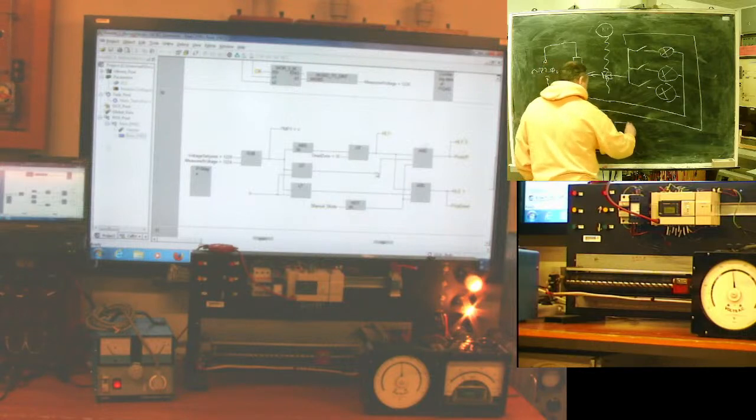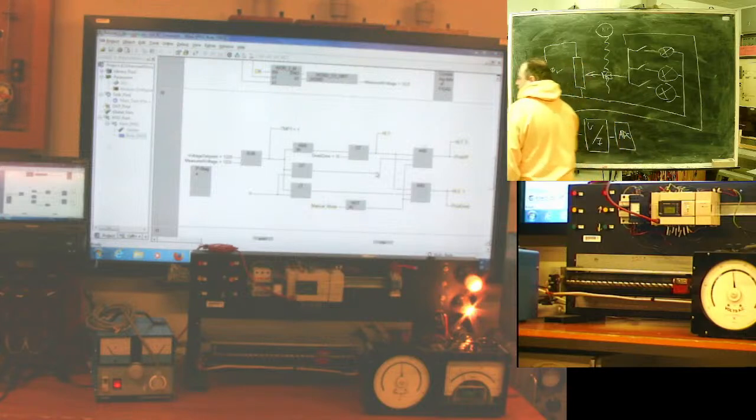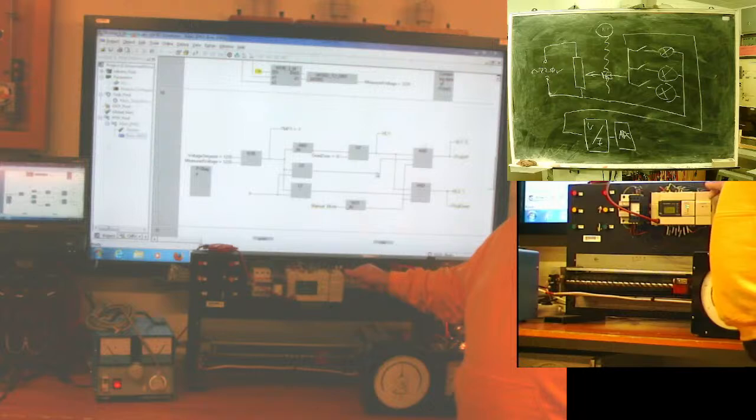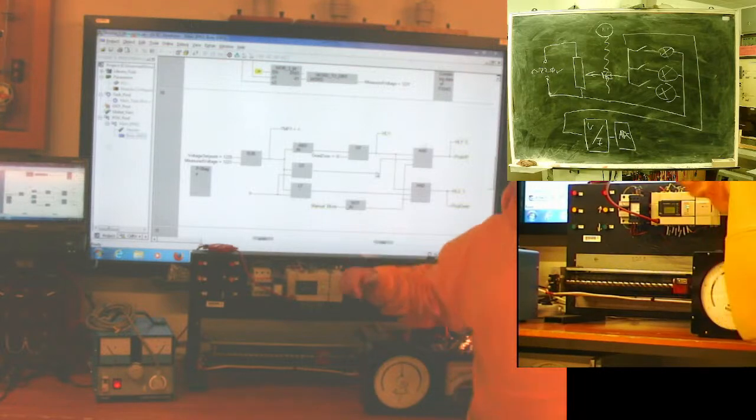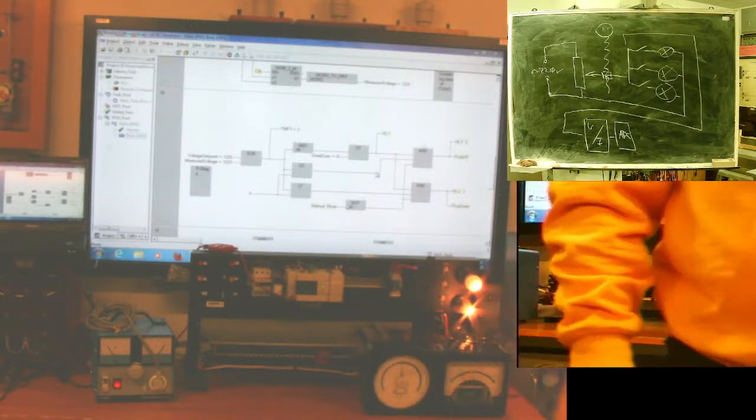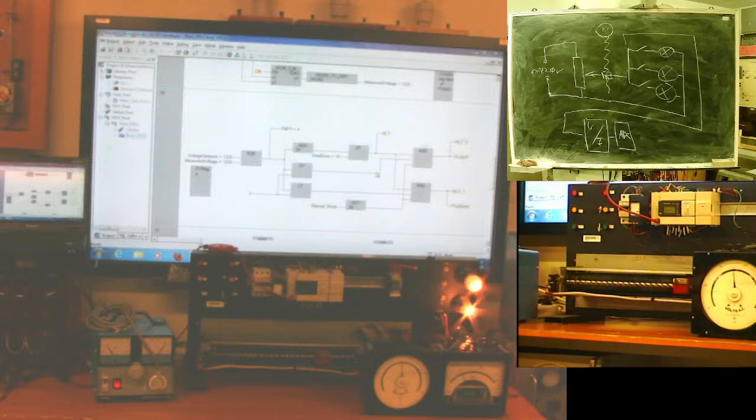Proportional current goes to the ADC device. So it's a 2-channel ADC. What's an ADC? Analog to digital converter. It's converted into a form of integer.